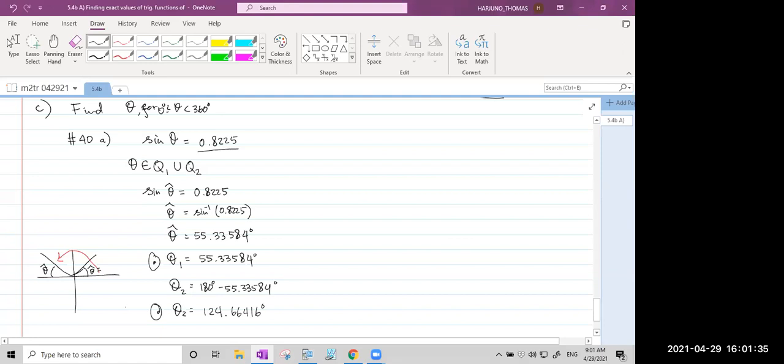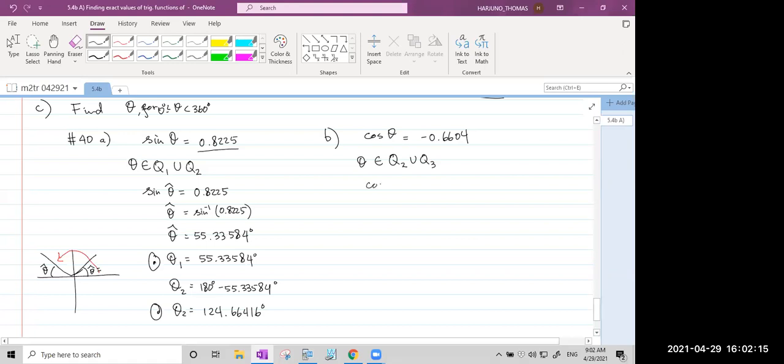The danger is what happens if the sine value or the trig value is negative. Let's say part D, we have cosine theta equal to negative 0.6604. Because cosine theta is negative, the angle must be in either quadrant 2 or quadrant 3. The plan is we find the reference angle first and then adjust to quadrant 2 and quadrant 3.